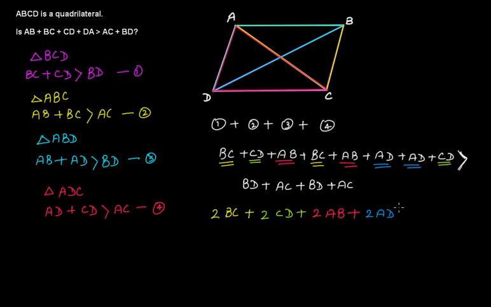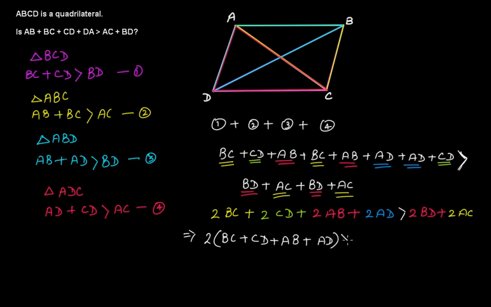And this will be greater than 2BD plus 2AC. Now solve this one. 2 is common everywhere, so take 2 common. BC plus CD plus AB plus AD is greater than, 2 is common here as well, so AC plus BD.